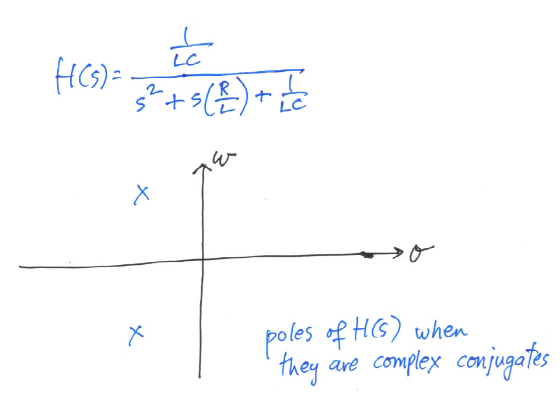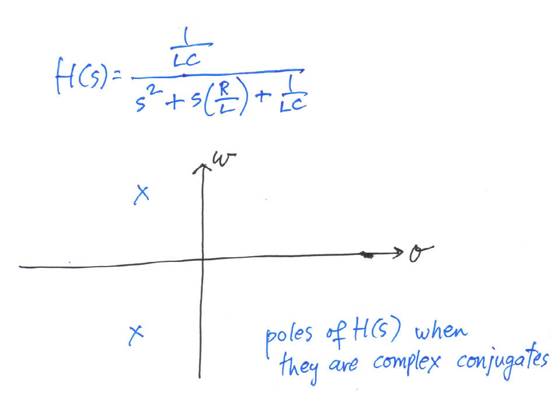If we take this H of S and replace S with j omega, we now have the frequency transfer function. So much easier dealing with S algebraically than it is with j omega. And therefore, H of S for circuit analysis is used extensively, and H of omega, or H of j omega, as some people say, is rarely used when we deal with circuits.